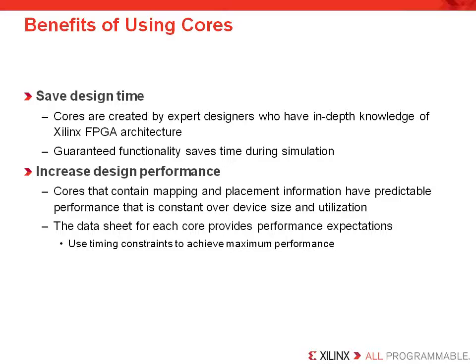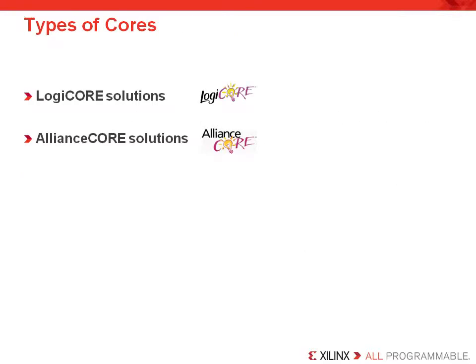The CORE Generator includes a complete data sheet that describes the performance and device utilization when possible. Since not all cores require pre-placement, Xilinx still recommends that you use global and path-specific timing constraints to meet your timing objectives.